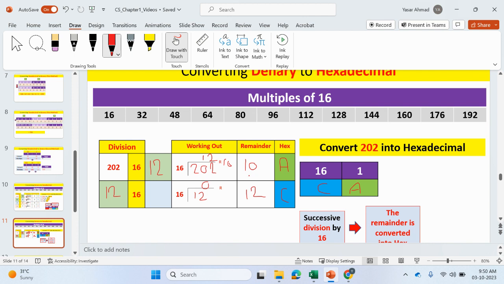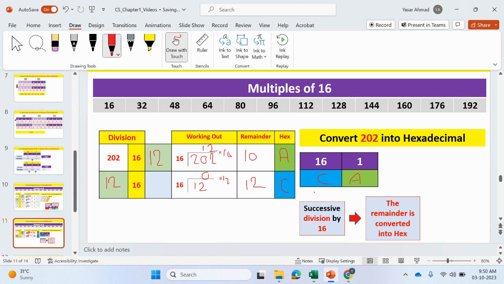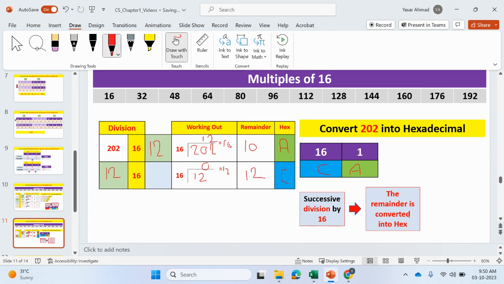If the values are between 10 and 15, you need to convert them to the hexadecimal letters, between A and F. If it was from 0 to 9, we just leave it as it is. Then we checked how many times 16 goes into 12. It doesn't. The remainder was 12, which we then convert again, and the answer which we got was C and A. So it's a successive division by 16, and the remainder is converted into hexadecimal.